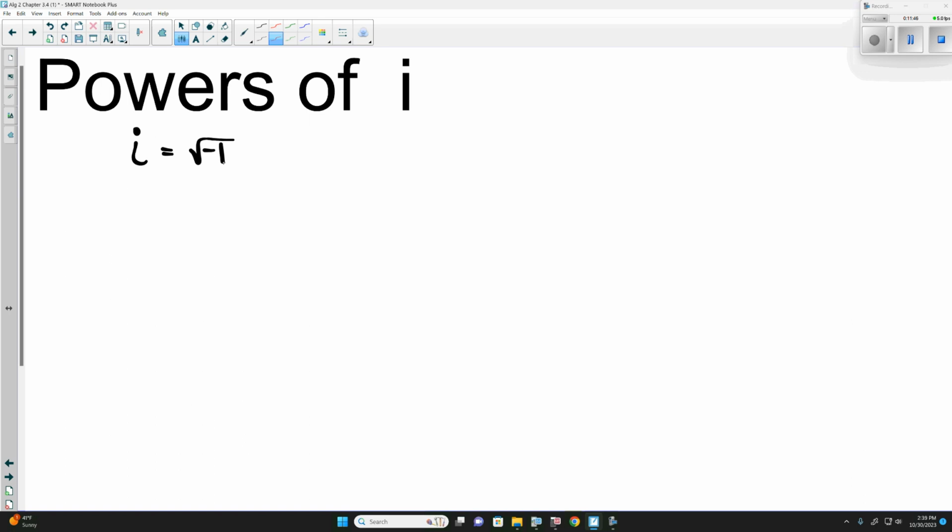Now if we square it, if I said i squared, really we're saying that we're taking the square root of negative 1 squared. And what is the square root of negative 1 squared? Negative 1, because the square root and square would cancel. So what we're saying is i squared is negative 1.